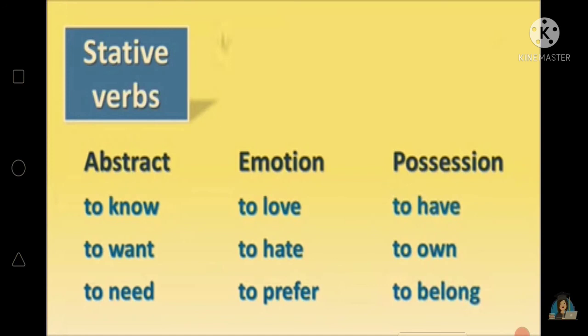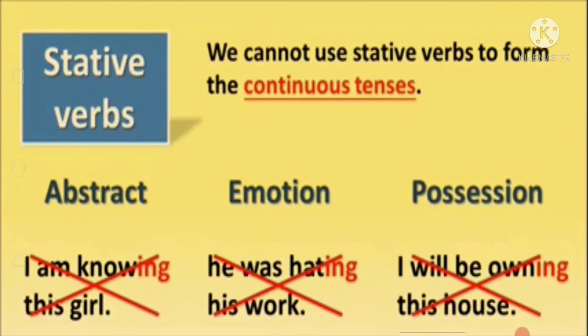And one more thing you need to remember is that we cannot use stative verbs to form the continuous tenses, whereas with dynamic verbs we can use the continuous tenses. We make mistakes in these sentences.